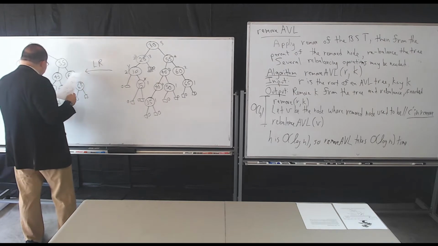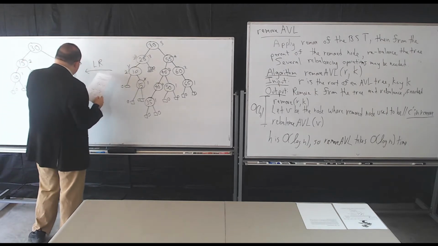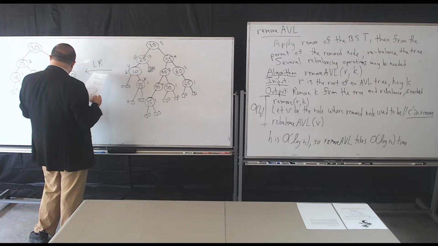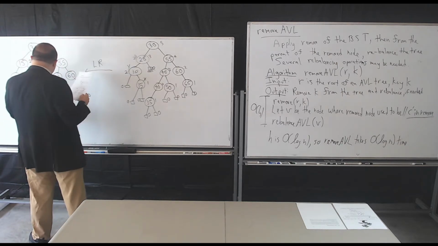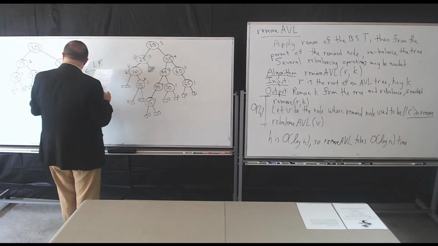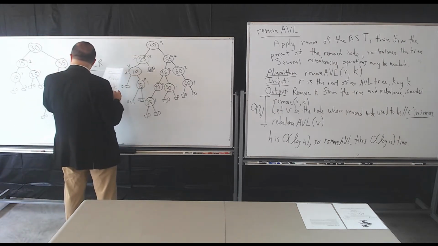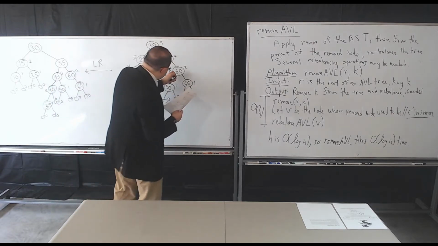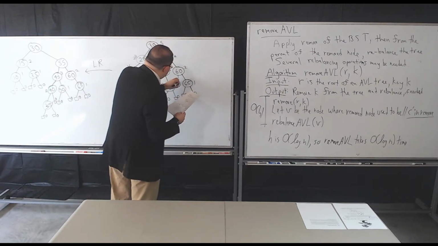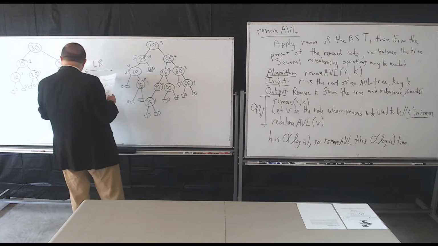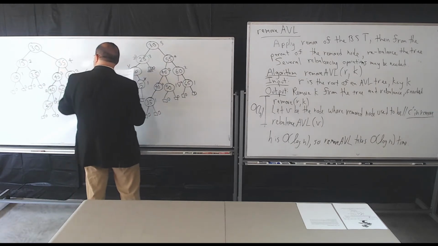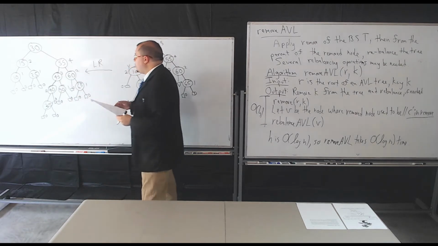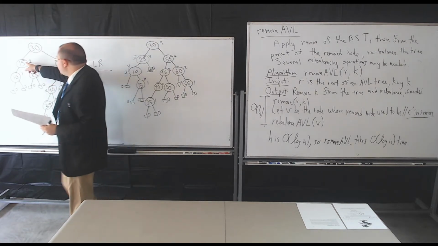So just for the sake of importance, I'm going to make sure I update the heights in each one of them. I forgot a leaf there. 2, 3, 2, and I think I forgot a leaf again. Actually, I think I forgot a leaf in two places. 2, and then this is 4.